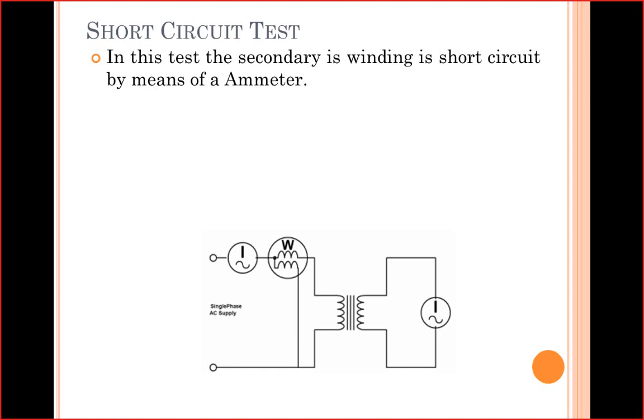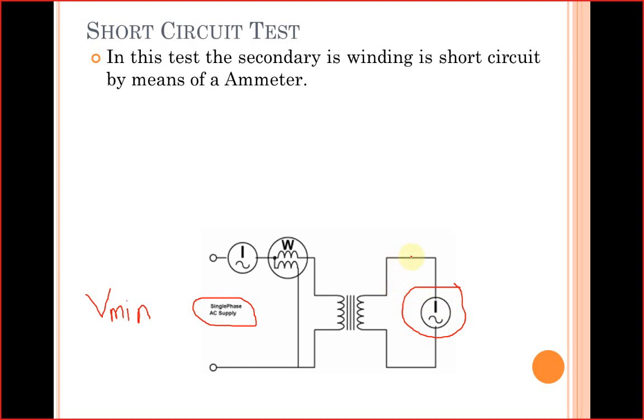Then we come towards the short circuit test. In the short circuit test, first of all we will lower this voltage. This is V minimum. We will minimize this voltage, and this condition here on the secondary is a short circuit because the ammeter has a very low resistance.